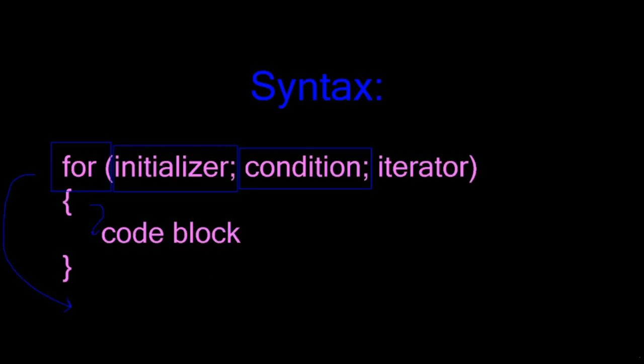So when the condition returns true, we continue going inside the loop's curly braces and executing the statements which are inside it. And if this condition is true, as I said, we go inside and the block of code will be executed again.